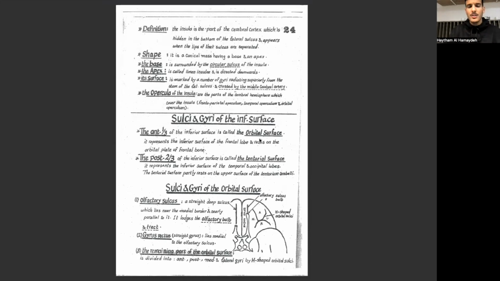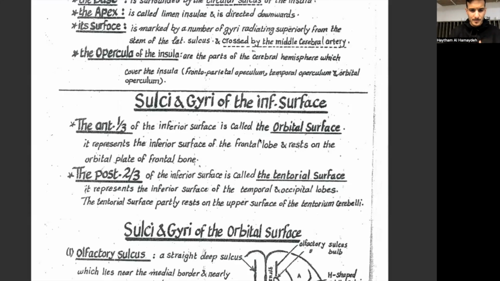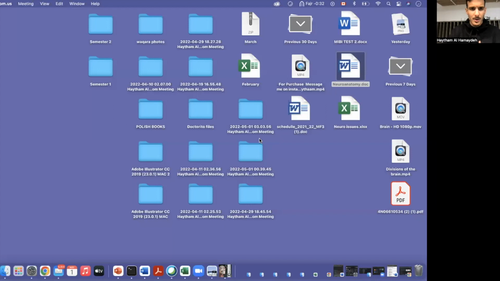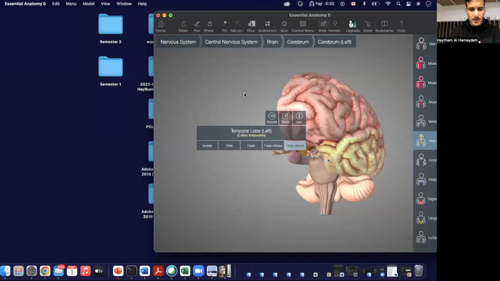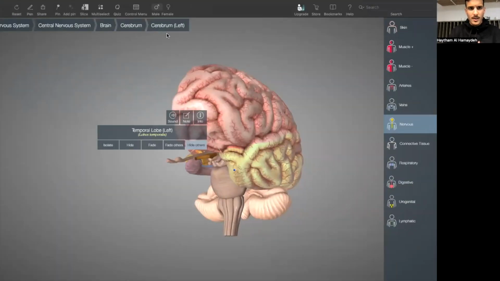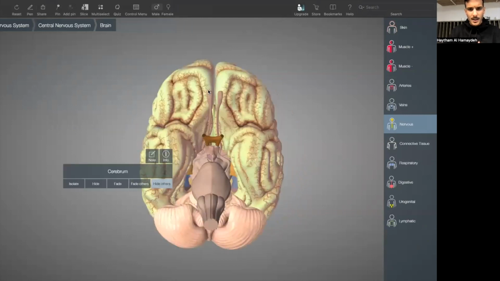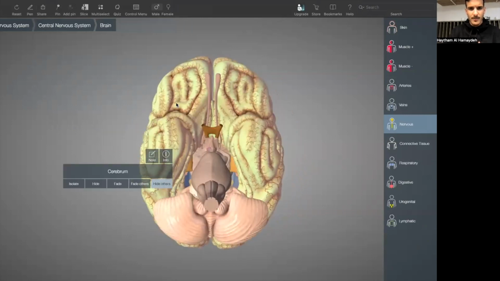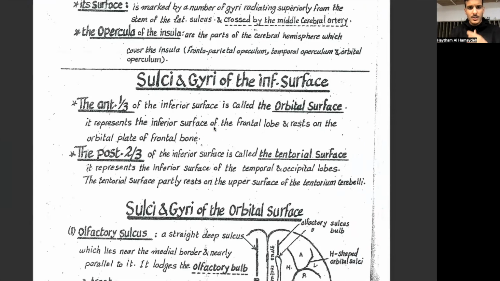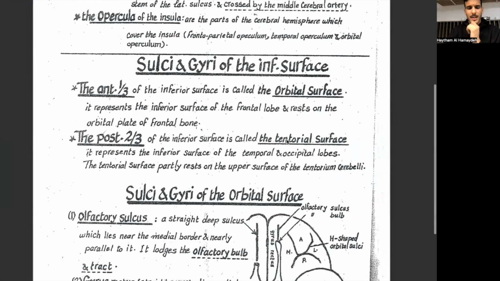Okay. Now we're going to talk about the sulci and gyri of the inferior surface of the cerebrum. The anterior 1/3 of the inferior surface is called the orbital surface, which represents the inferior surface of the frontal lobe and rests on the orbital plate of the frontal bone.